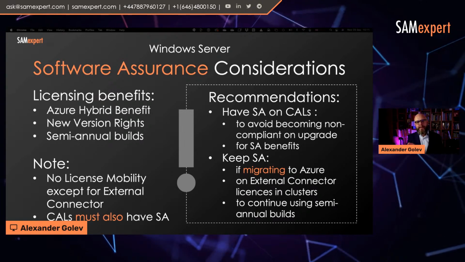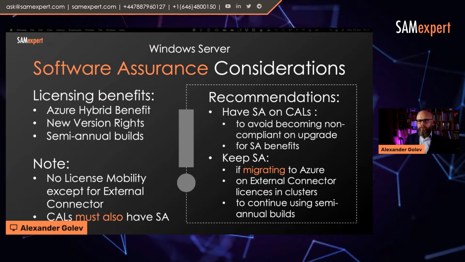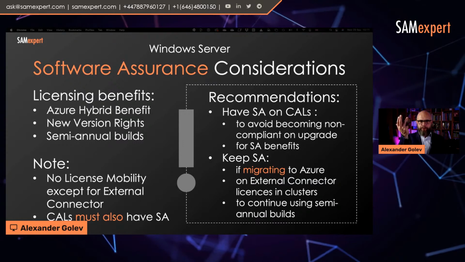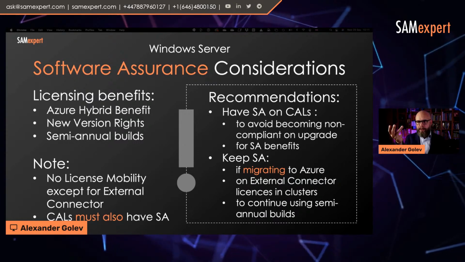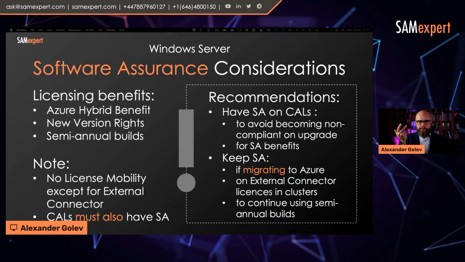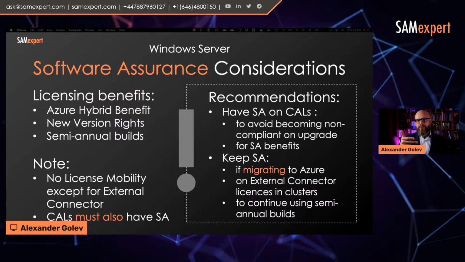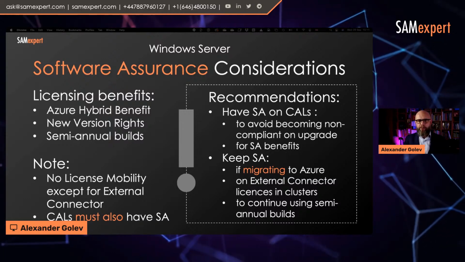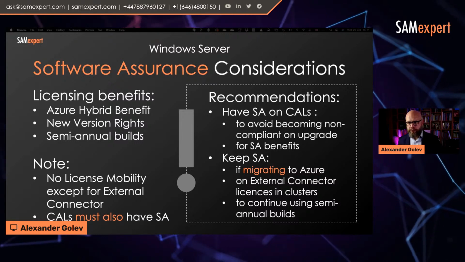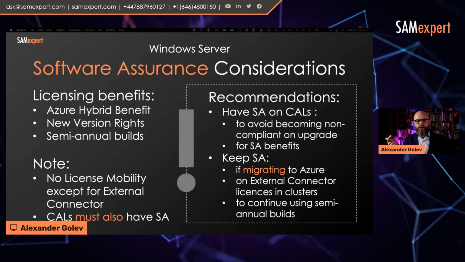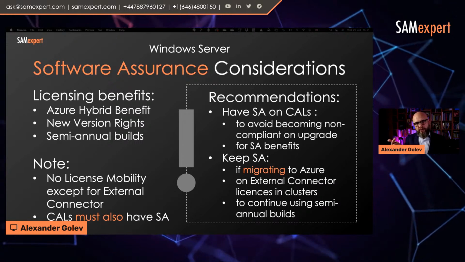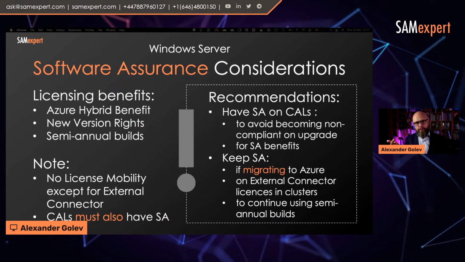Firstly, the licensing benefits you get through software assurance. Azure Hybrid Benefit only works when you have active software assurance. New version rights: that's the core benefit of software assurance. Whilst you have software assurance active, you may always upgrade to any newly released version. Semi-annual builds: you actually have to uninstall semi-annual builds if your software assurance expires.